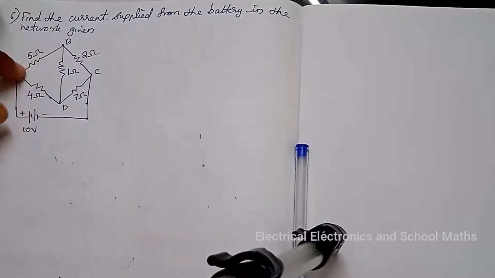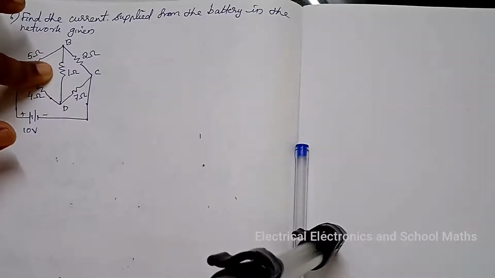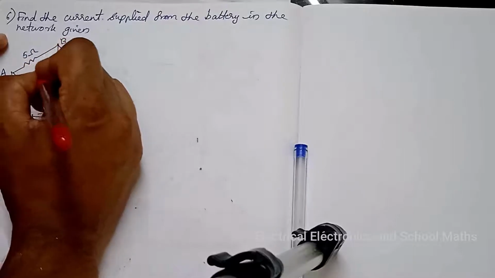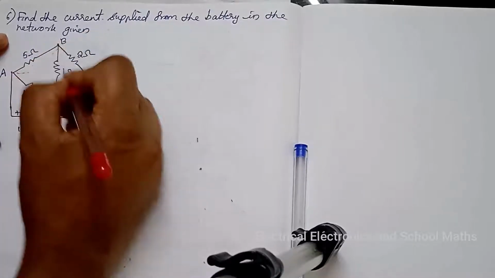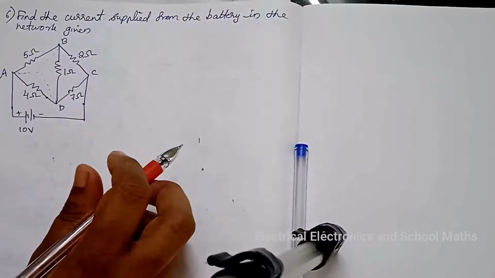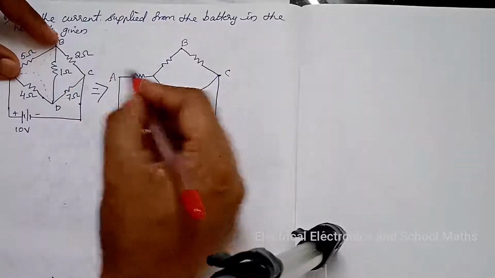First convert this delta into star connection. That is, here we can draw a star network like this. After rearranging, we will get like this.